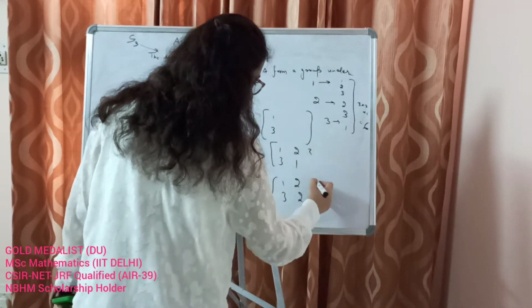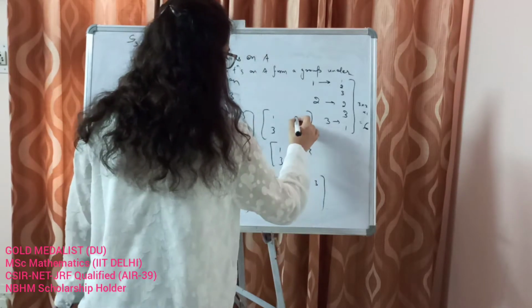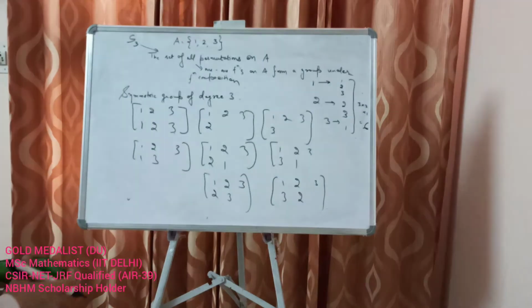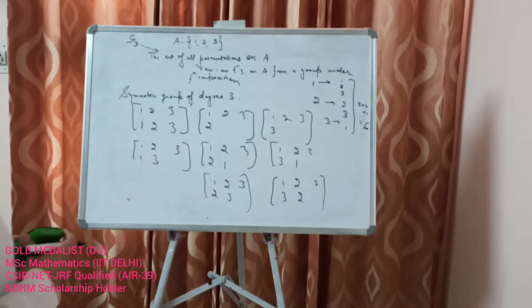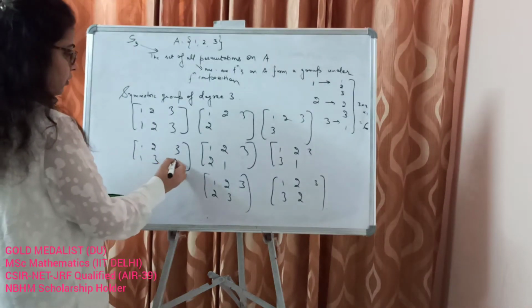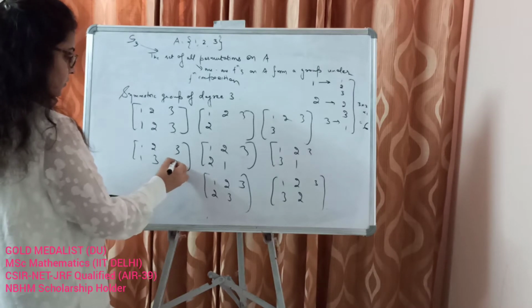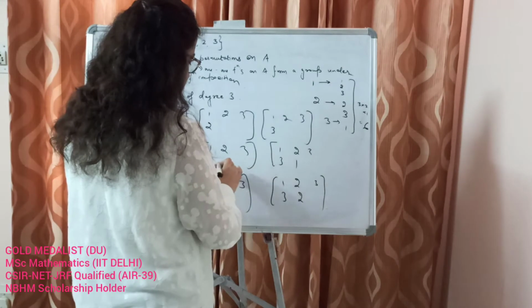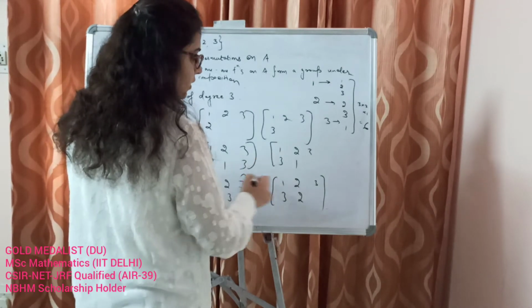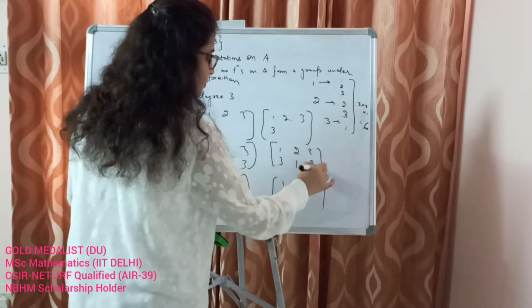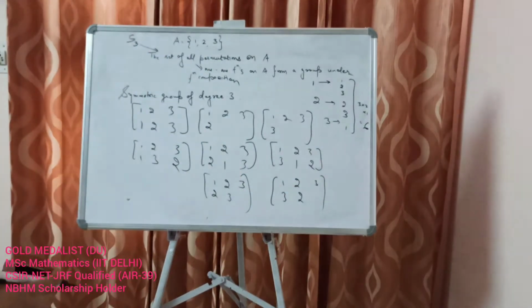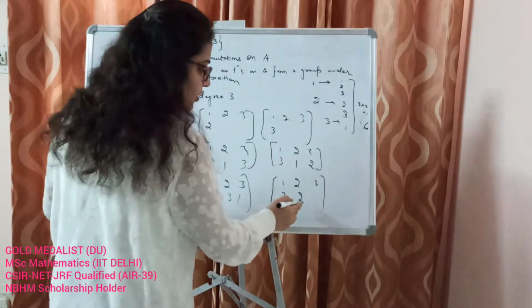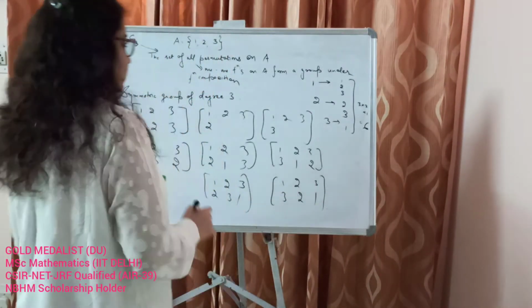Now here if 2 takes 3, we have no other option. This is 2. And this is 2, 1, 3. This is 3, 1, 2. And again this is 2, 3, 1. 3, 2, 1.